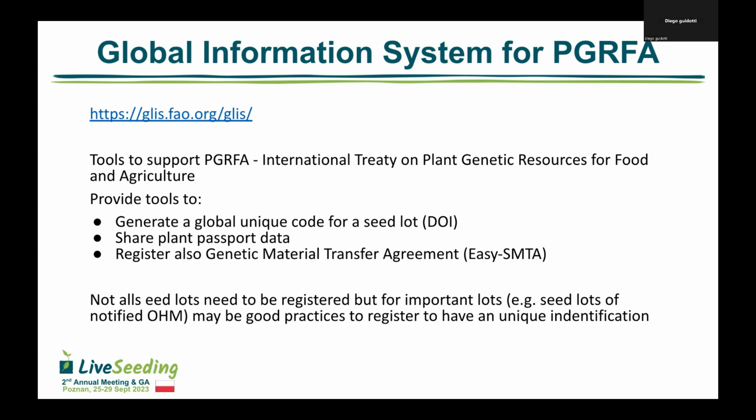We are testing some interaction with them, and it will be possible not for all seed exchange, but for the major seed exchanges between different organizations, or when you notify a seed lot. It will be very important to keep track of this code, creating a unique identifier, a code that is specific to that seed lot and connected with passport data. It will be an important tool.